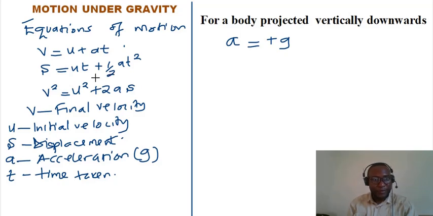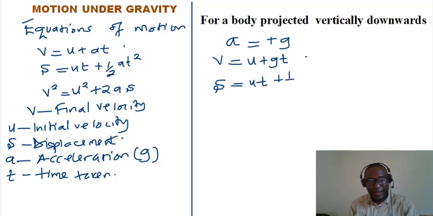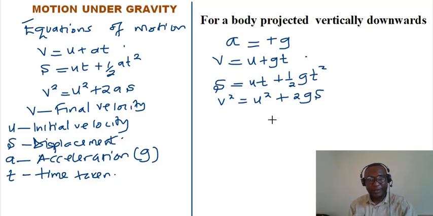So therefore, the equations of motion here will be modified as the first one will be V being equal to U plus GT. The second one will be displacement being equal to UT plus half GT squared. The third one will be V squared being equal to U squared plus 2GS. Okay. Now these are the 3 modified equations when the body is projected vertically downwards.